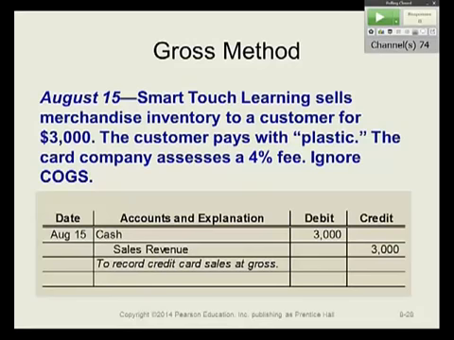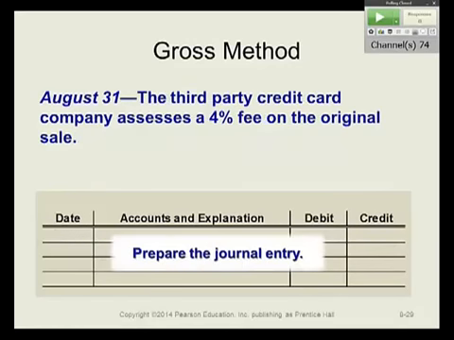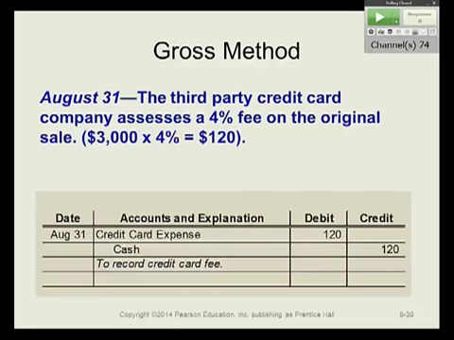I essentially treat it as a regular cash sale, and I'm going to debit cash and credit sales. And that's going to be for $3,000. Then when I ultimately collect, and let's say it's at the end of the month, this may be longer than typical, but at the end of the month, when the third-party credit card or debit card company actually assesses that fee, I'm now going to have a debit to credit card expense, and a credit to cash.